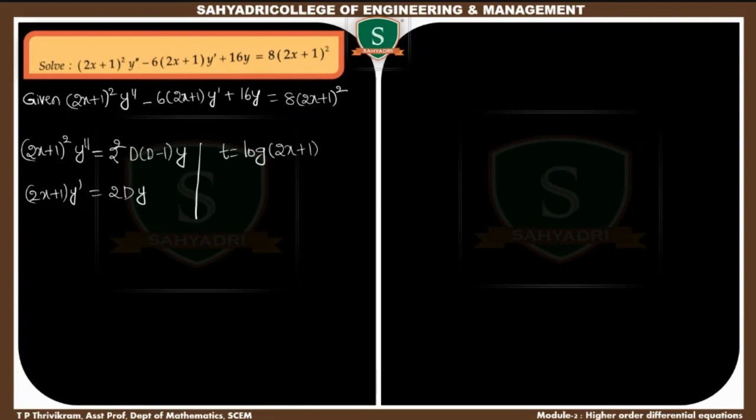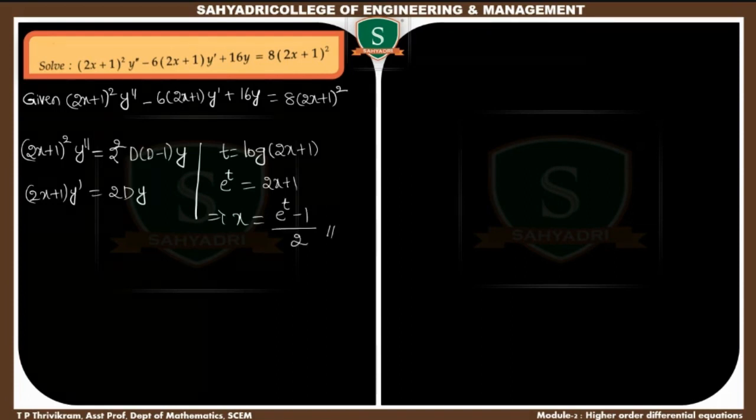Now write it in algebraic form: e power t is equal to 2x plus 1, implies we need to find the x value. x is equal to (e power t minus 1) divided by 2. Take this as equation 1 and substitute all these substitutions.